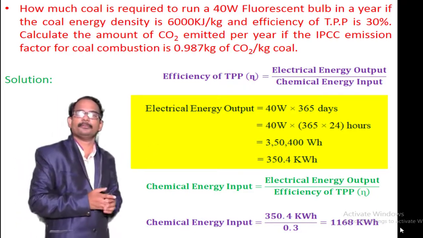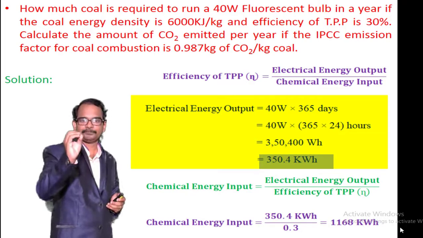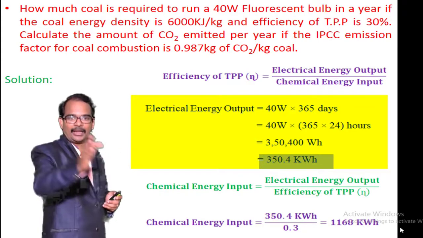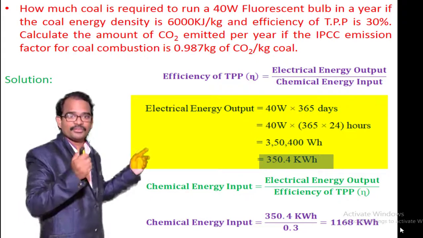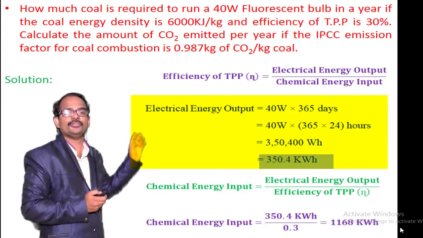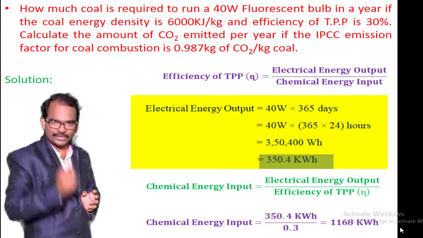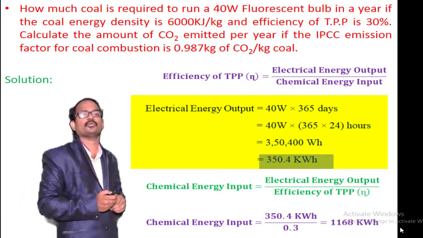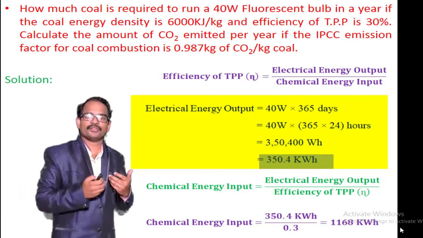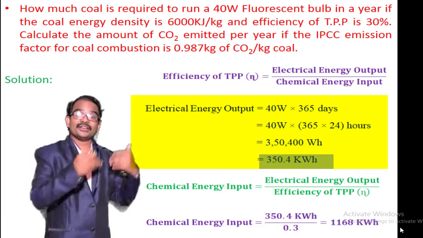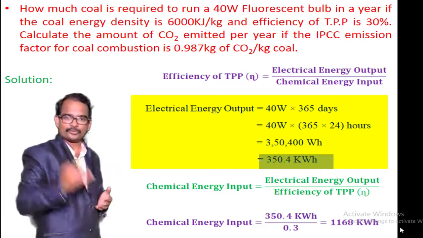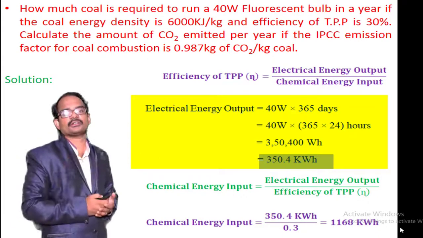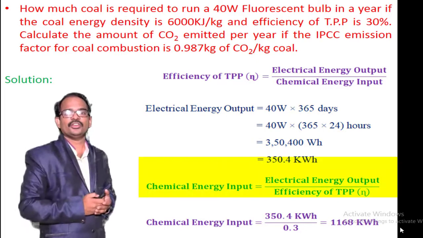So if I use a 40 watt tube light for a complete year, how much am I consuming? 350 kilowatt hours of energy, or 350 units of energy. Now let's calculate the mass of the coal which is utilized for generating this much energy.